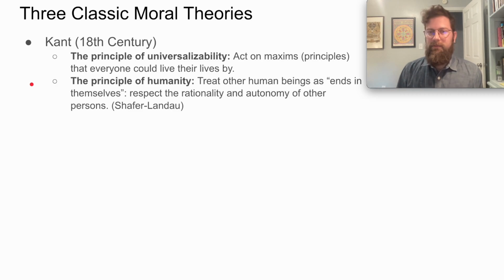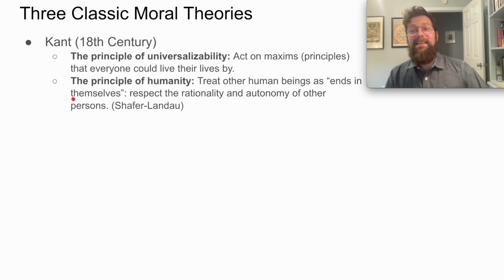His second principle, and this one's huge, it's called the principle of humanity. It says you should treat other human beings as ends in themselves. Another way to think about what Kant is saying here is you should treat people as people and not simply as things, objects for your manipulation.